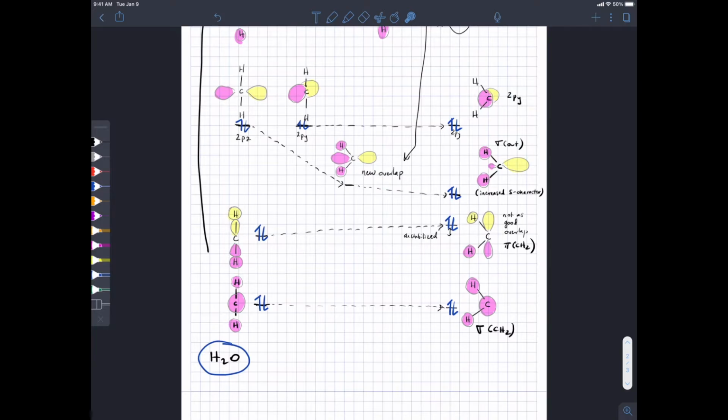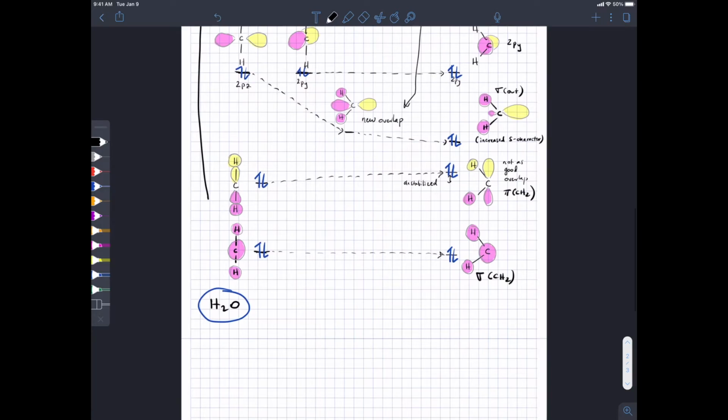Now this notion of your 2 highest energy electrons being in different types of orbitals contrasts with the valence bond theory picture of water. You've got 4 groups around the oxygen, so we'd call water sp3 hybridized, and we would say 2 equivalent lone pairs, probably in sp3 kind of orbitals.